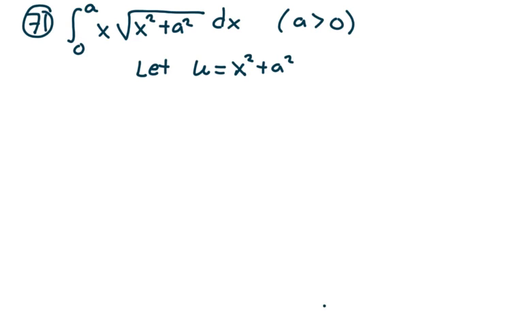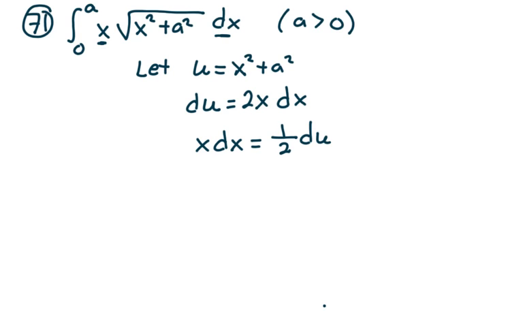Okay? So this is a classic u substitution problem. Remember that a is constant. That's key. So du is 2x dx. Now I'm going to take x dx and solve for that. So x dx is 1/2 du.